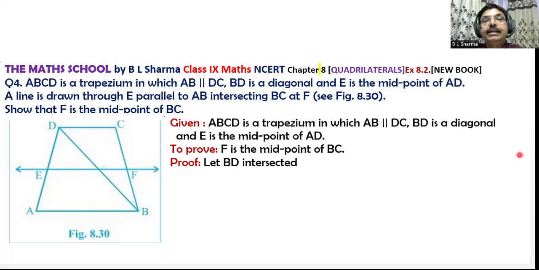So let BD intersect EF at G. This point is G. In triangle BAD, E is midpoint of AD. This EF is parallel to AB, it is given. That is why G is midpoint of BD by converse of midpoint theorem.